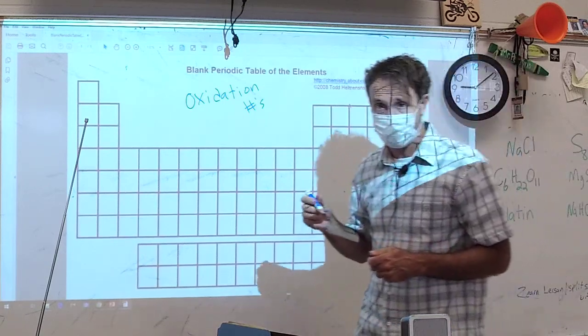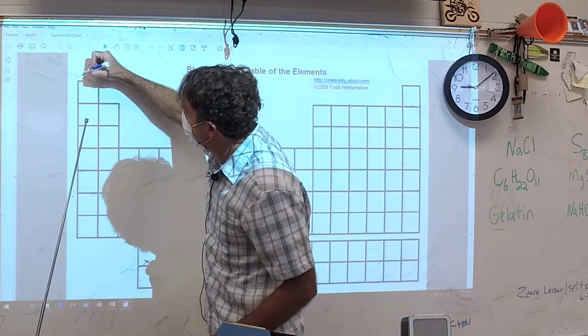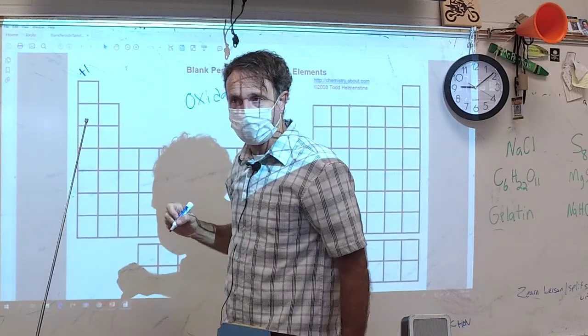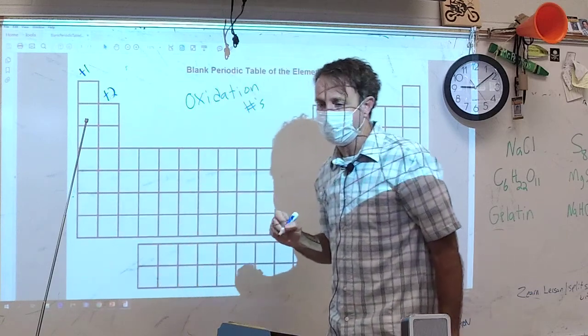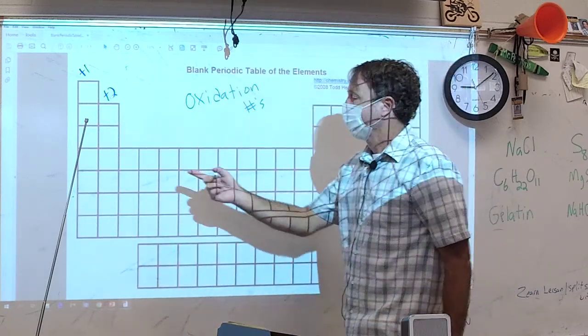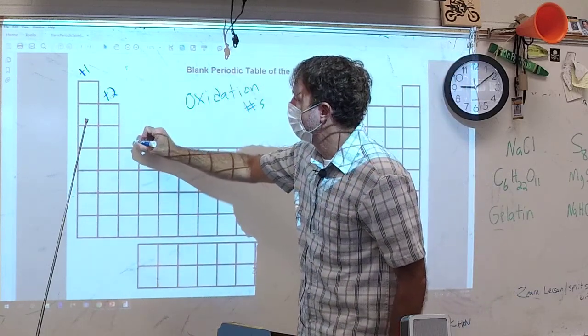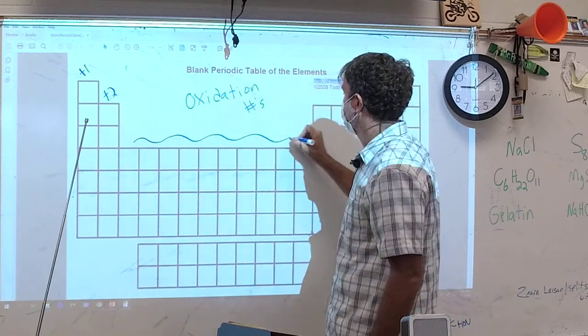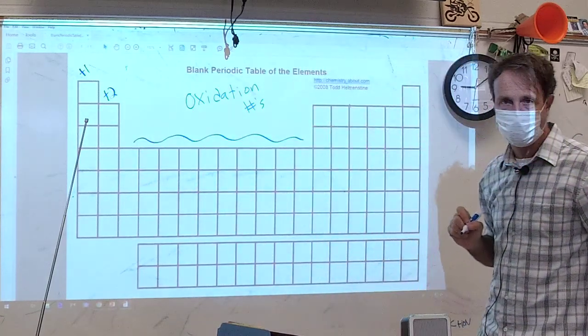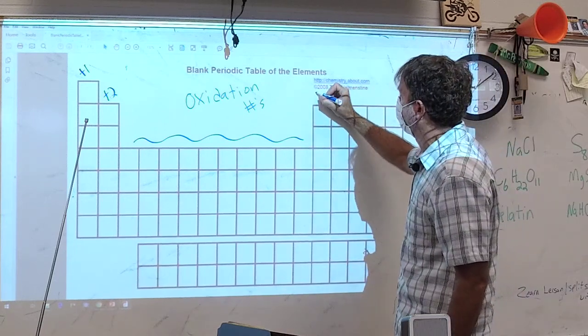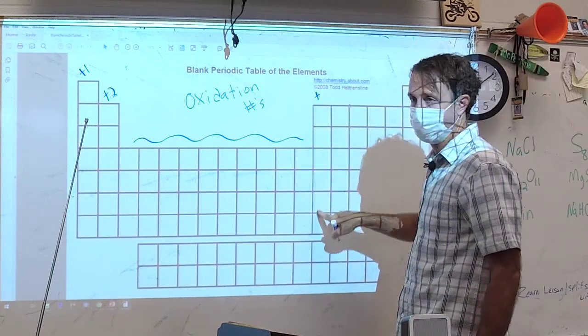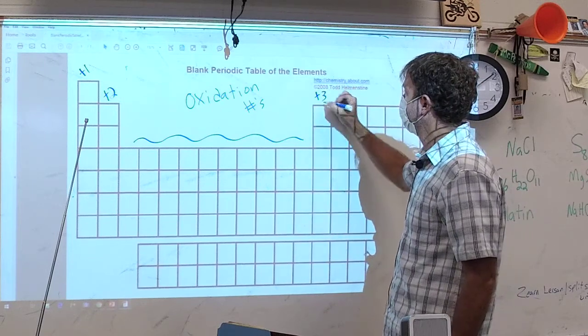You want to write this down. The oxidation number of group 1 is +1. The oxidation number of group 2 is +2. And then we don't know the oxidation number of these unless somebody tells us. The oxidation number for group 13, or really I like to call this group 3, is +3.